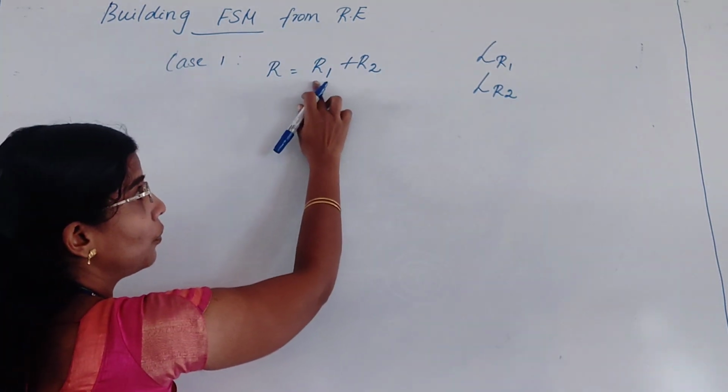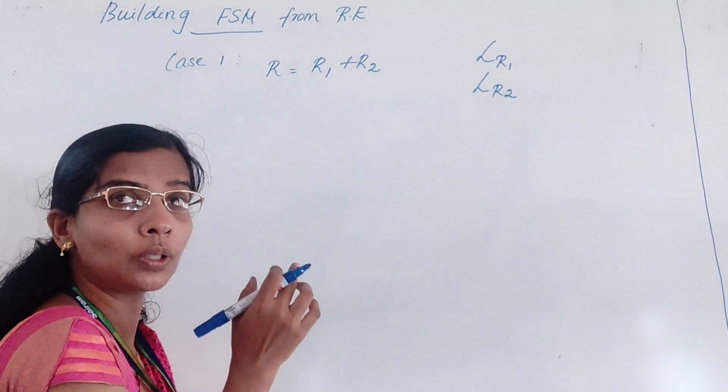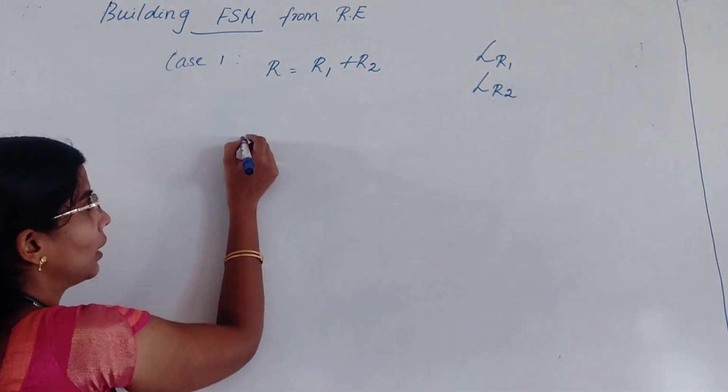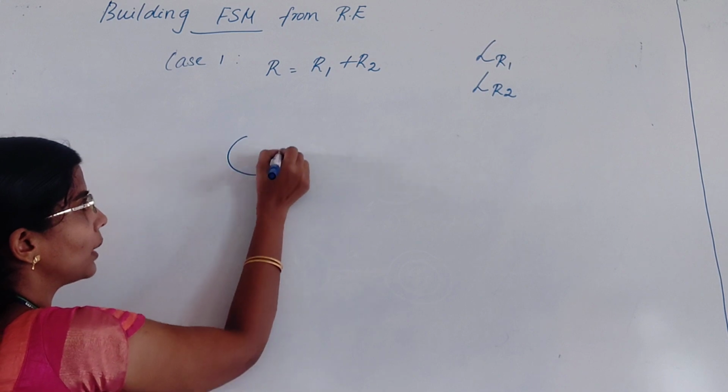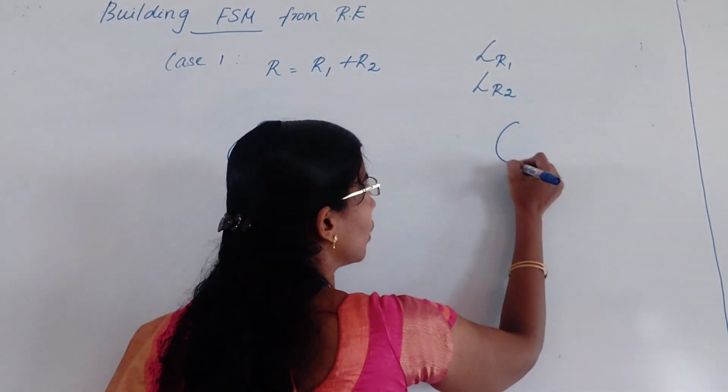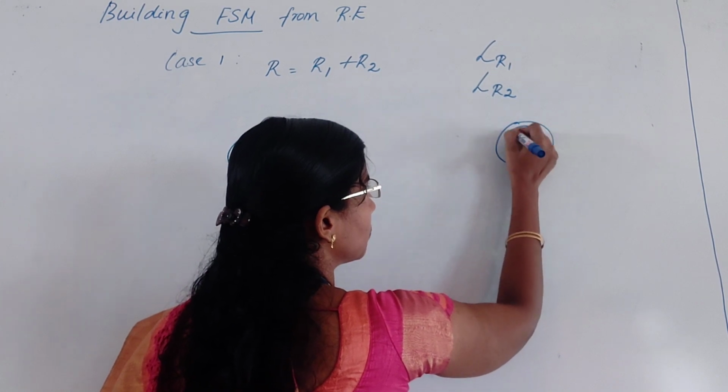So if you have any regular expression with plus operator, what could be the corresponding FSM? Right? So I have my start state. I have my final state.